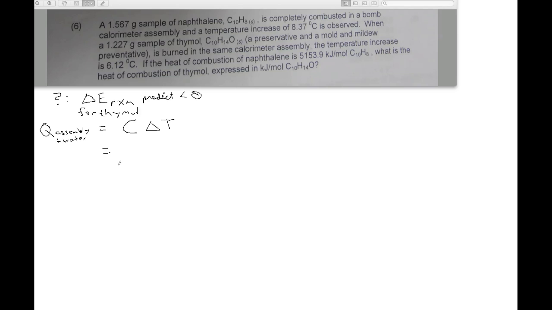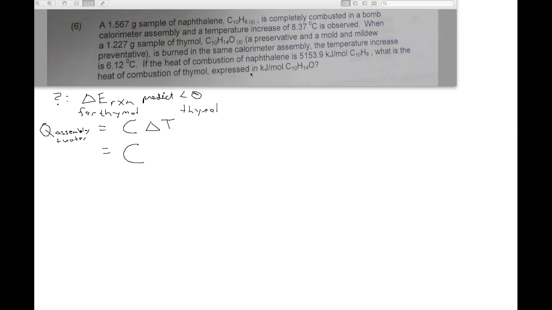So is there anything we can plug in here? Can we plug something in for delta T? Yeah, we can plug in 6.12 times capital C. Because that was the thymol, which is what we're trying to figure out.